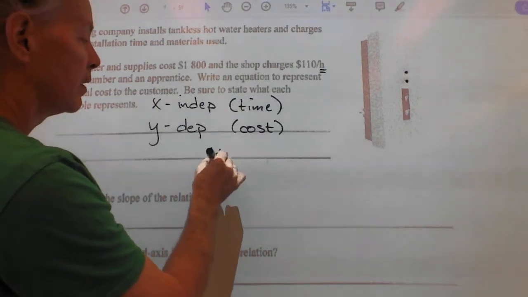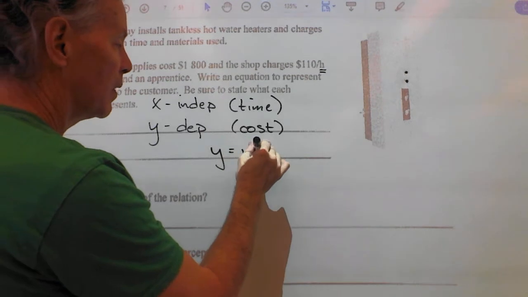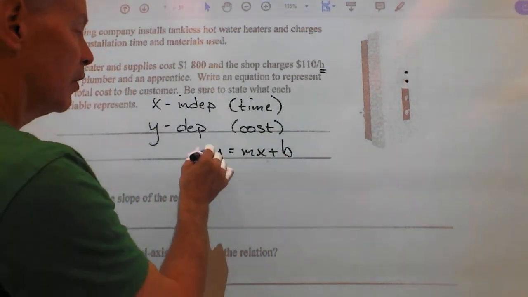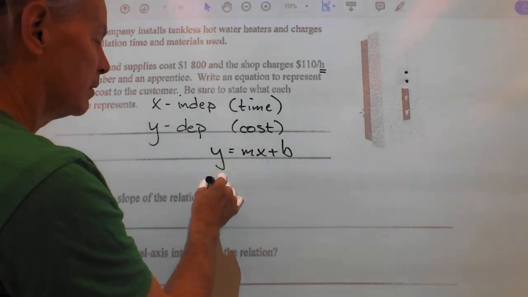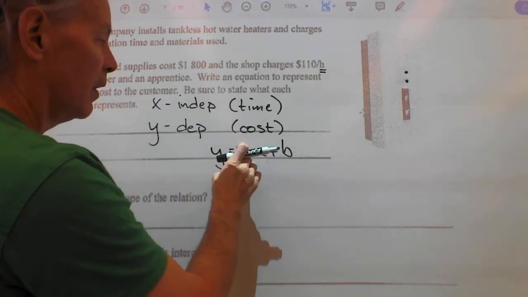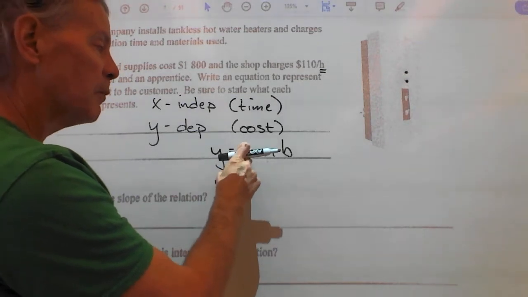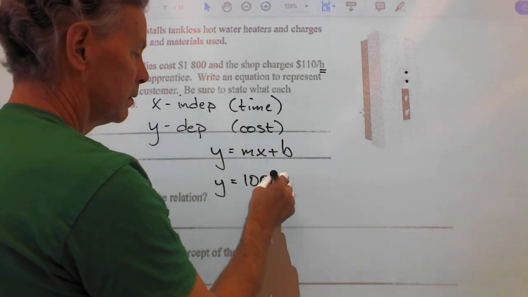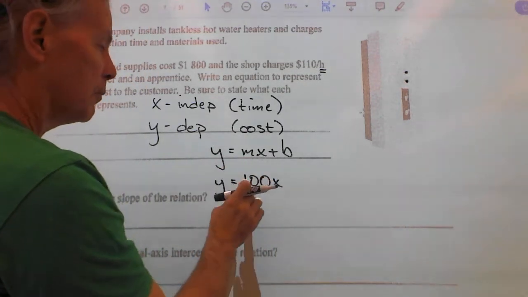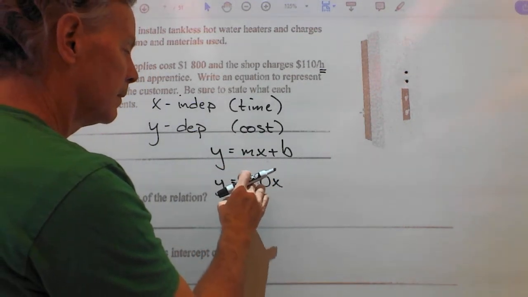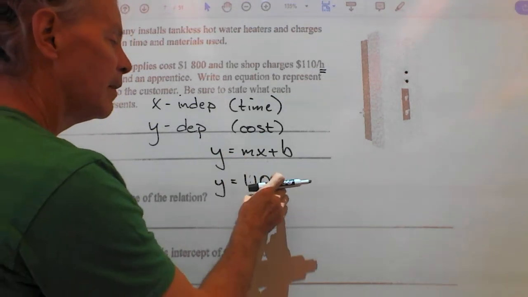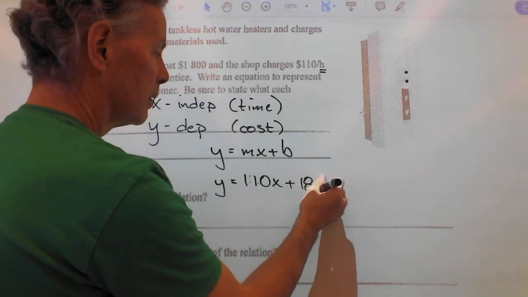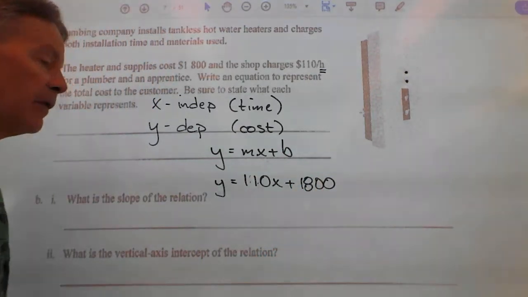So in slope-intercept form, y equals mx plus b, it becomes total cost, or y, equals the slope, which remember is the variable part, $110 times the number of hours it takes plus the cost of the heater.